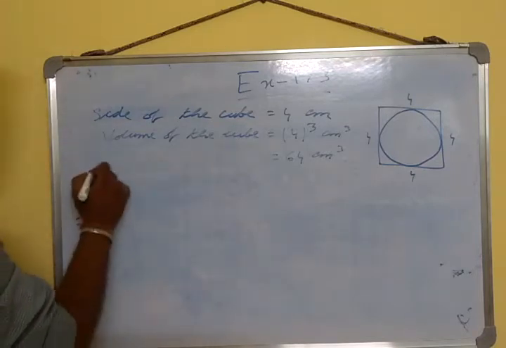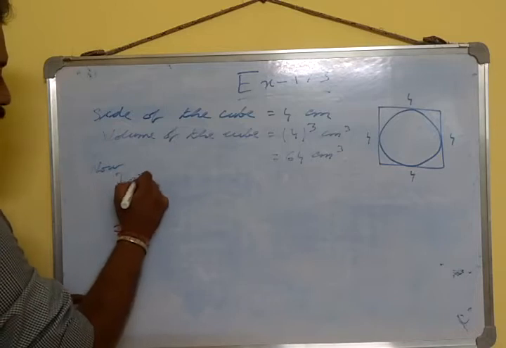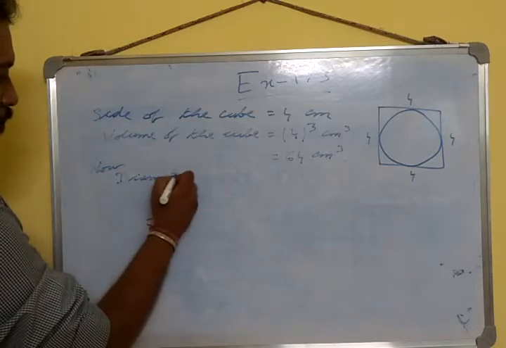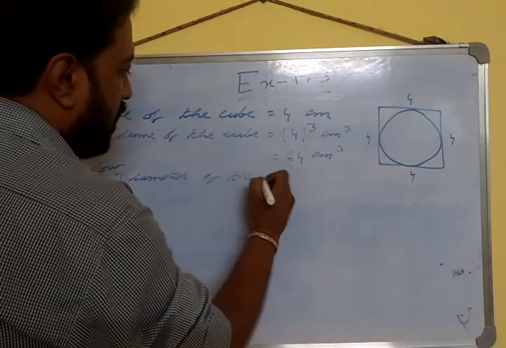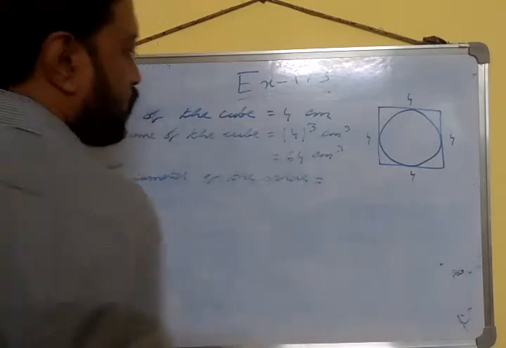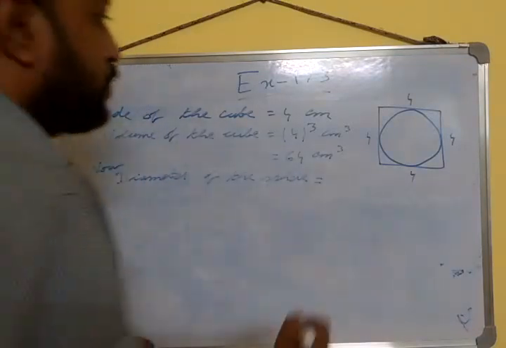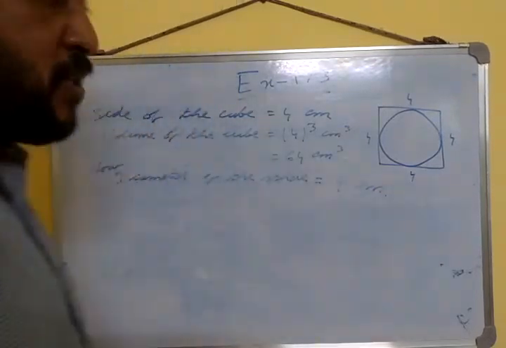Now diameter of the sphere equal to 4 centimeter. Diameter of the sphere is equal to 4 centimeter.